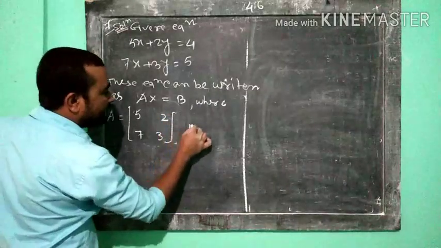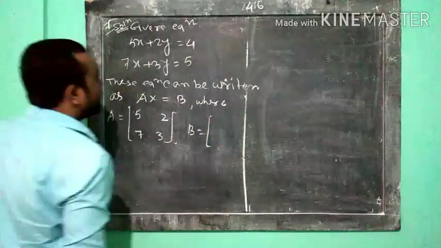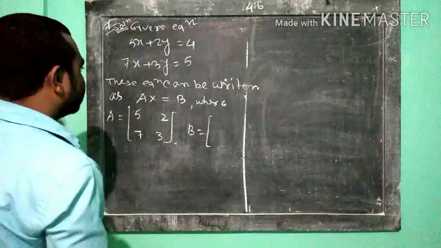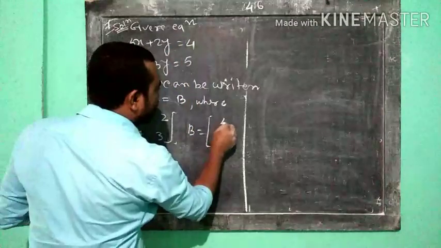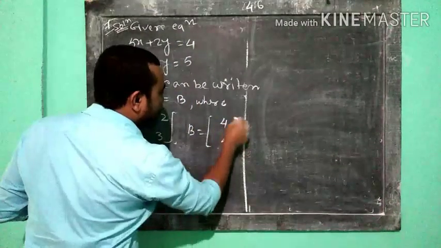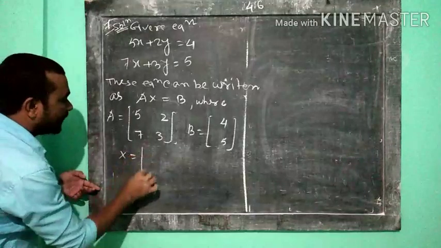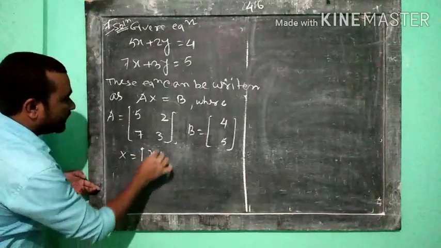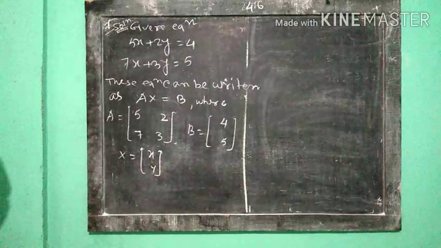And B is 4 and 5, and X is the variables x and y.